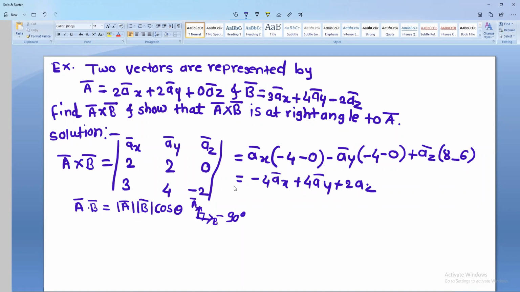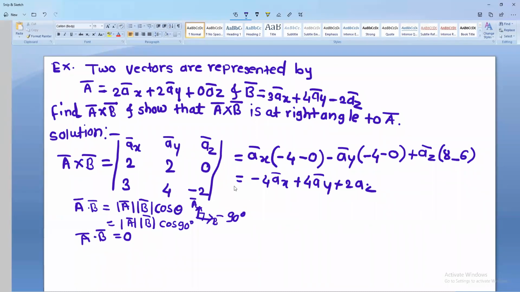What is cos 90? It is 0, so this term becomes 0. If we take the cross product, sin 90 is 1, and then you also have to find the normal unit vector. That's why we are taking the dot product.